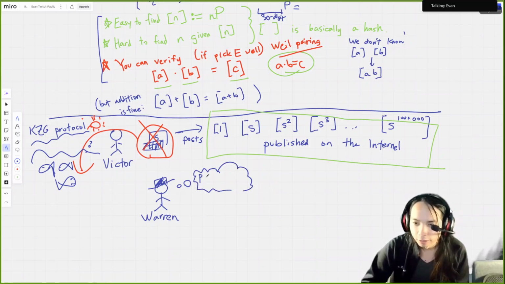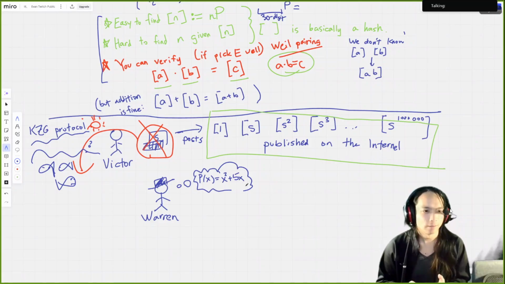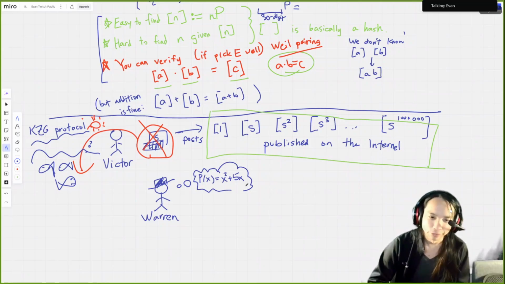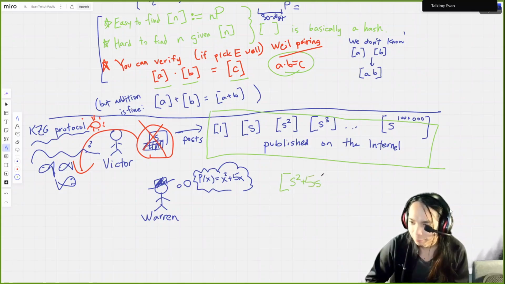So here's a polynomial, all right? Let's pretend it's x squared plus 5x. The way you do the commitment is that you take the polynomial, evaluate it at the secret number s, and publish that. s squared plus 5s is the commitment.